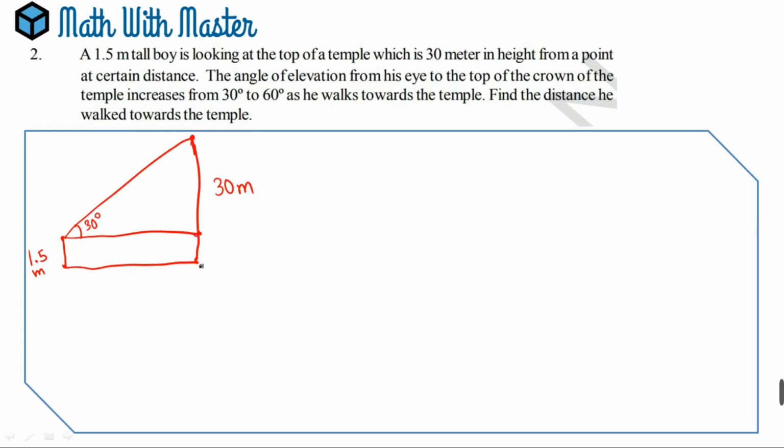So there is a rectangle formed here. So this will be also 1.5 meters. And if this is 1.5 meters, then the above length will be 30 minus 1.5, which is equals to 28.5 meters.